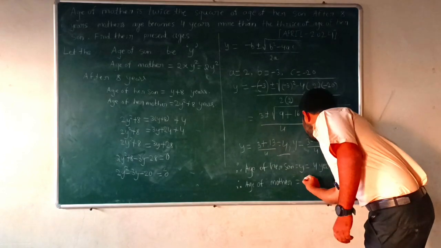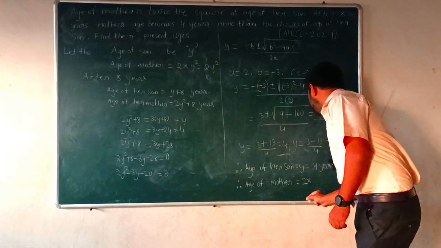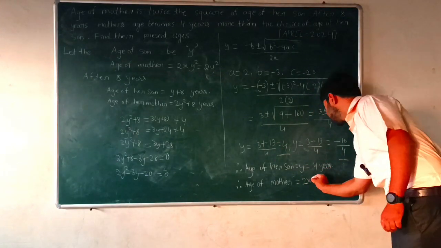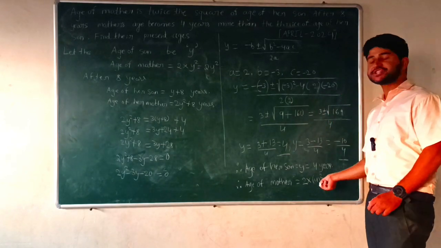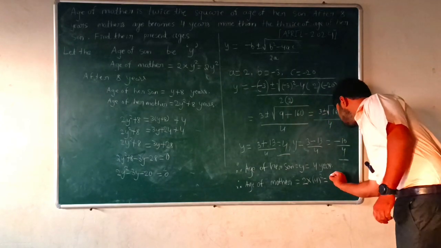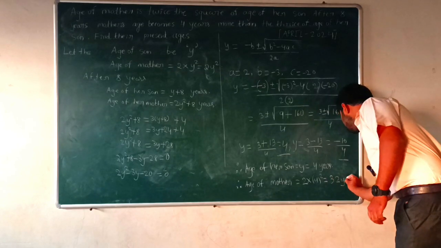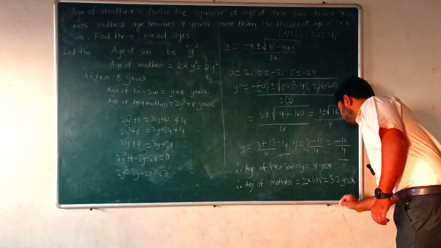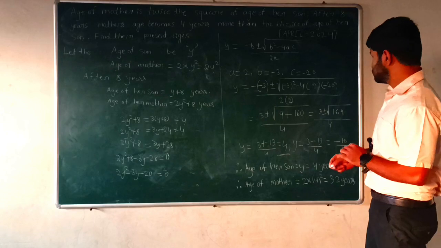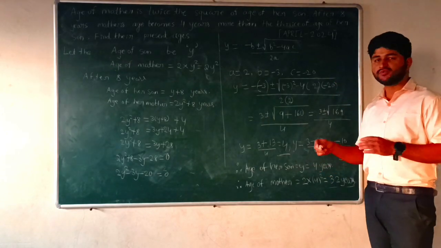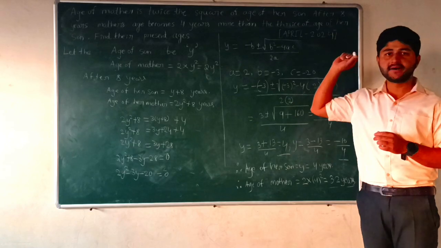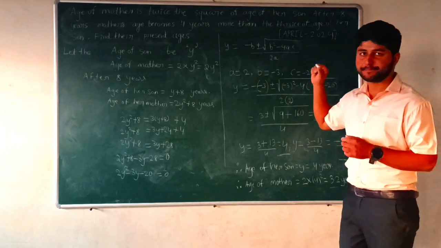That means 2 times the square of y, but y is equal to 4, so the square of y is 4 squared, that is 16, so 2 times 16 is equal to 32 years. So thus we have found the ages of mother and son.